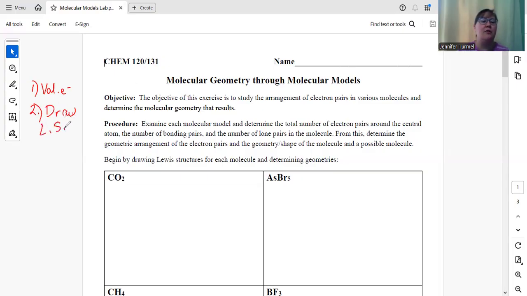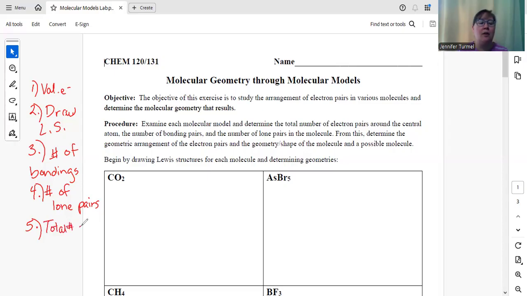And then the third thing is determining our number of bonding pairs. And number 4 is going to be our number of lone pairs. And number 5 is going to be our total number of electron pairs.